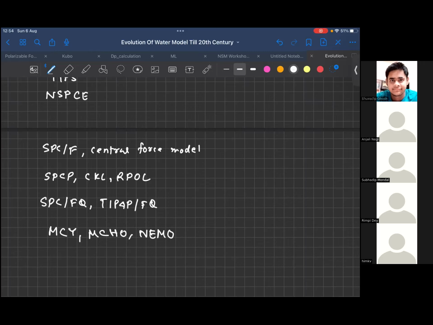But after the 80s, people became concerned about water properties away from the ambient conditions.